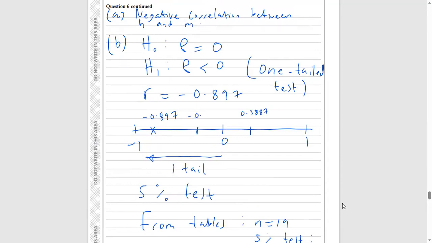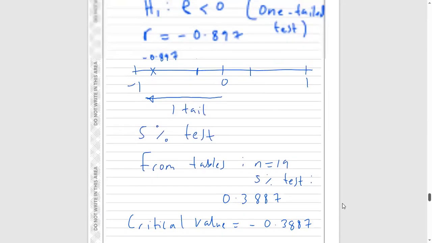So we get negative 0.3887 there. We're just looking at the negative side of the number line of product moment correlation values. We're not worried about the positive side. So we just reflect the number over and put a minus sign in front of it because it's a negative one-tail test. Okay, so that's our critical value.